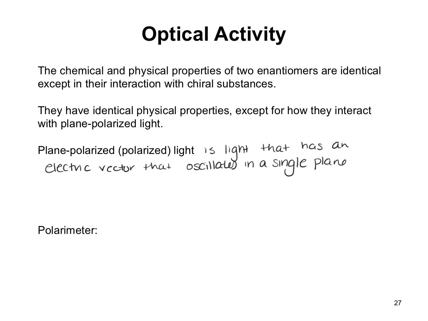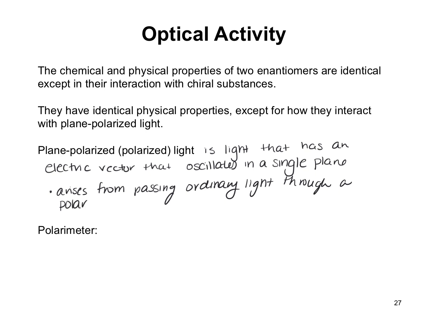All right. And so plane polarized light arises from passing ordinary light through a polarizer. This is similar to the polarizer like that you would see in sunglasses.